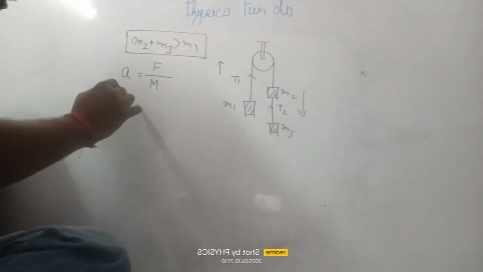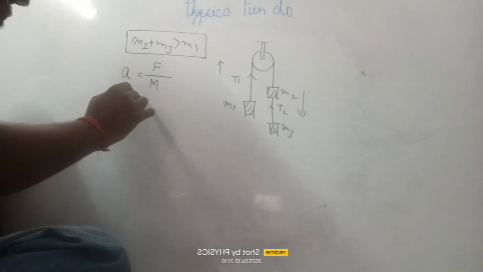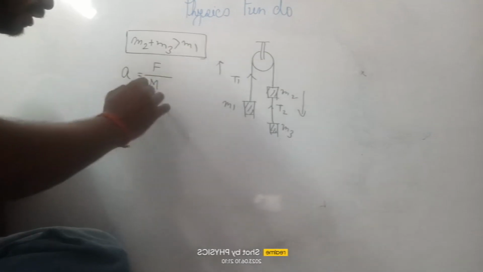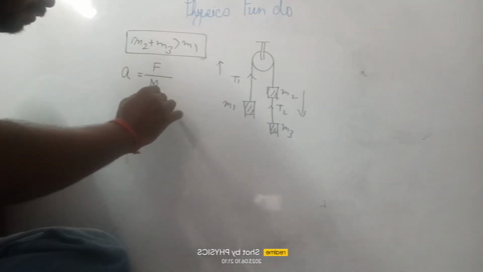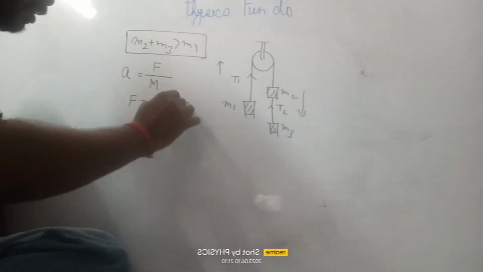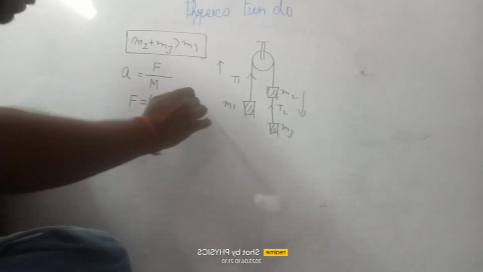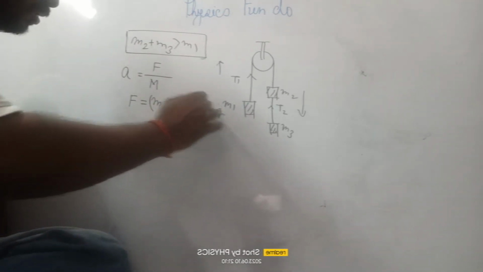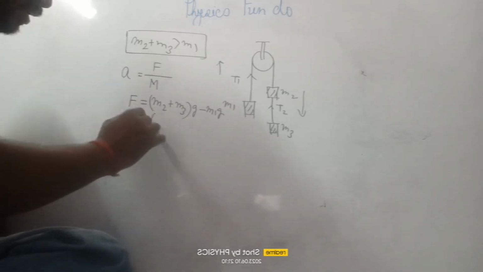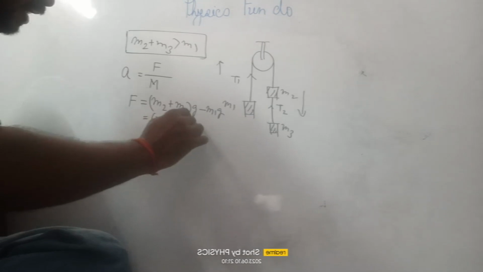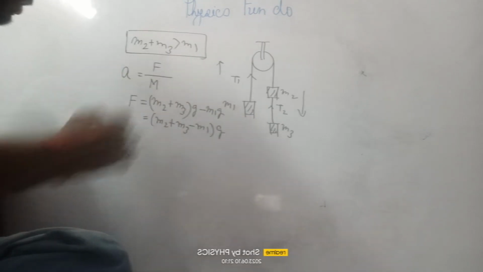Here the resultant force F is equal to the weight of the 2 blocks, (m2 plus m3) into g, minus the weight of the first block, that is m1g. We have (m2 plus m3 minus m1) into g.